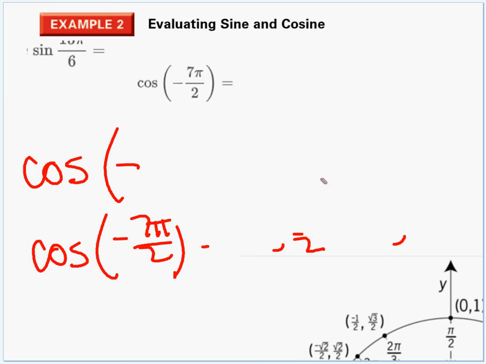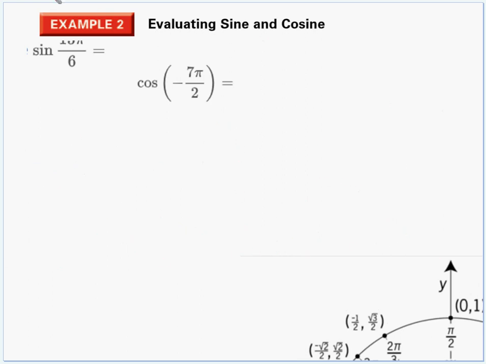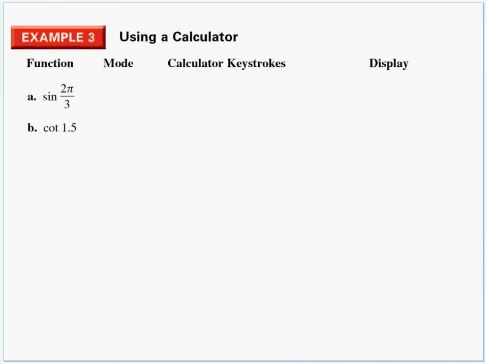All right, what is next? I think this is our last example. So here, this is calculator stuff. So the sine of 2/3 pi, we have to figure out what mode you're in, the calculator keystrokes, and what the display is going to look like. Dead giveaway here, because of the pi, it is in rad mode.